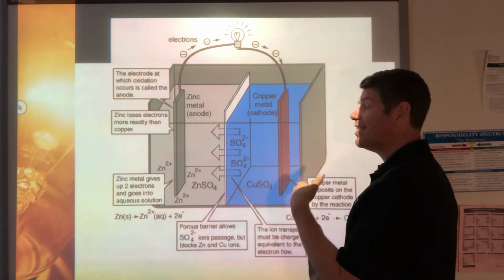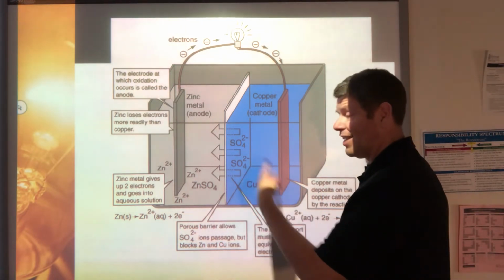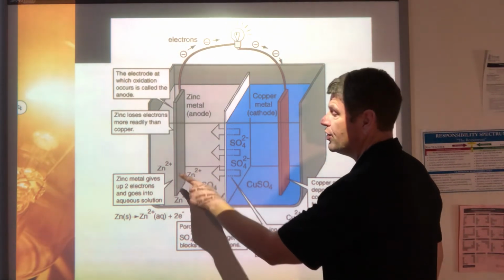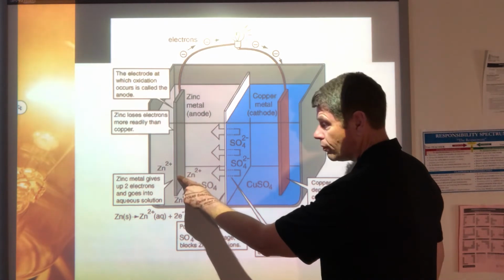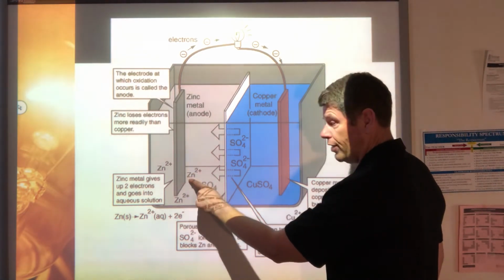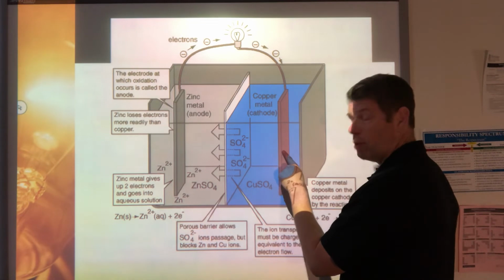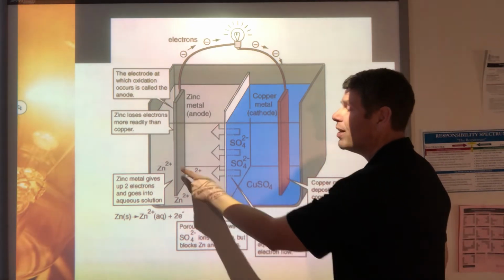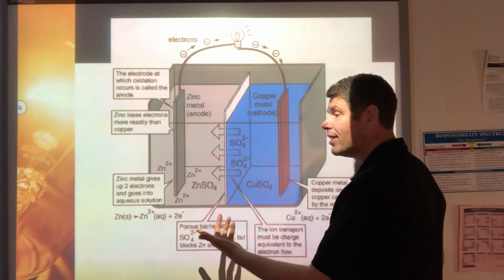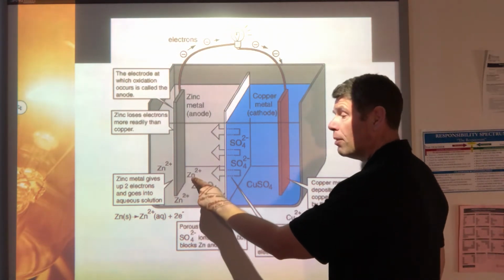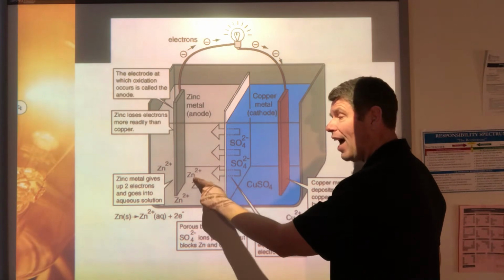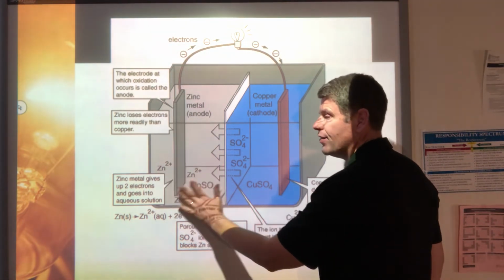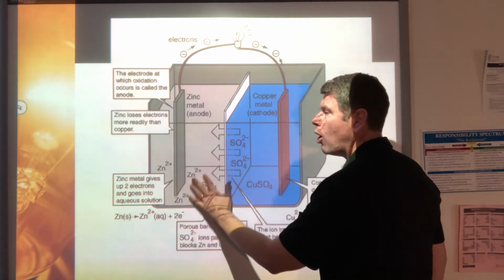So when this cell works as a circuit, the zinc metal loses its electrons to copper simply because copper pulls on those electrons, and when the zinc solid gives up its electrons, it has to become zinc ions. And the zinc ions start to increase in this side of the cell, becoming more and more positive.